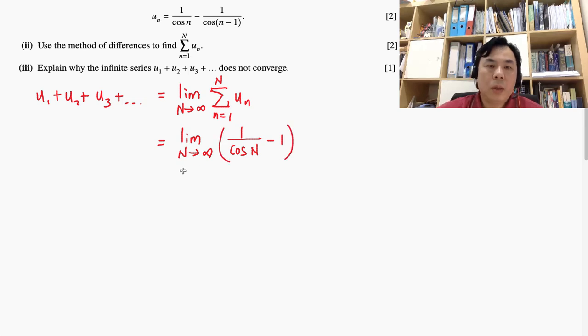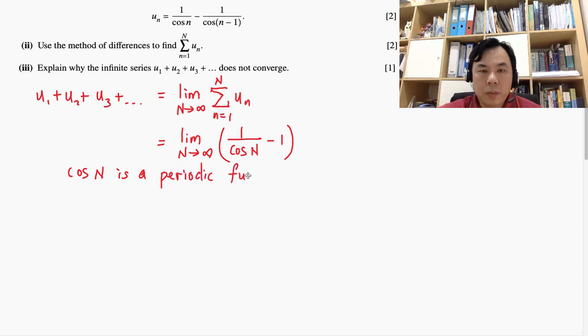Now we know that cos n is a periodic function. So cos n is a periodic function. Therefore, it always fluctuates between 1 and -1, right?